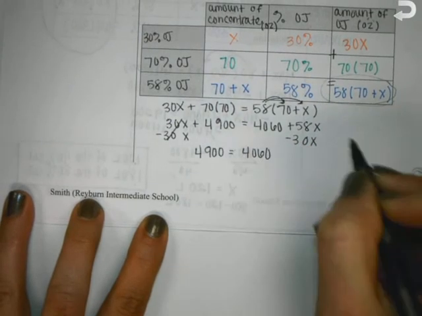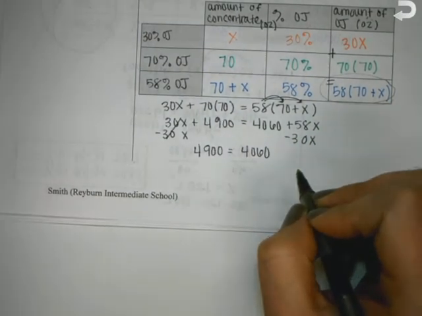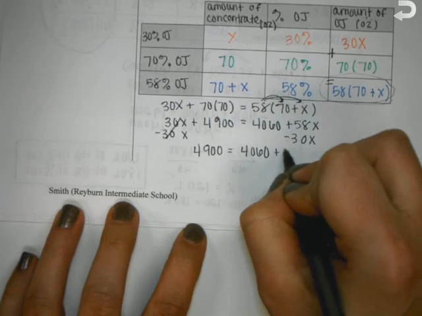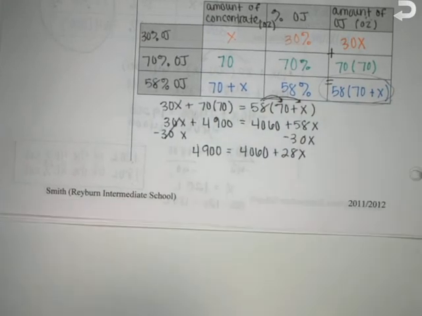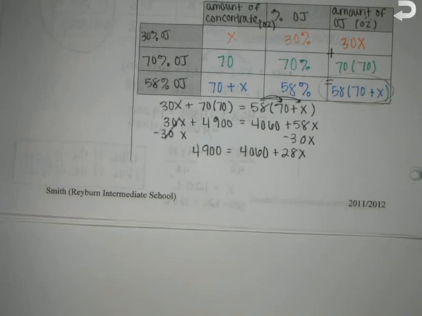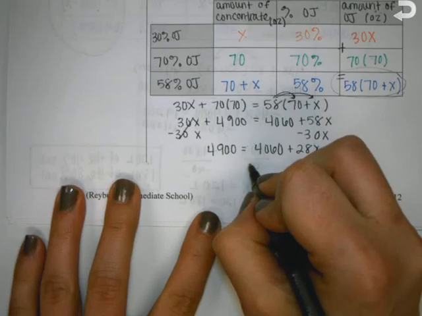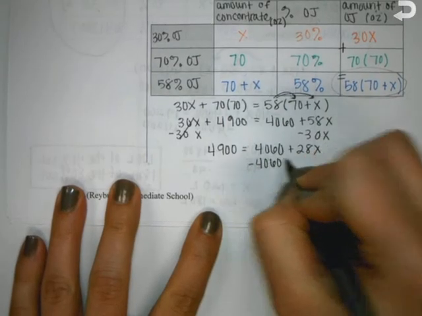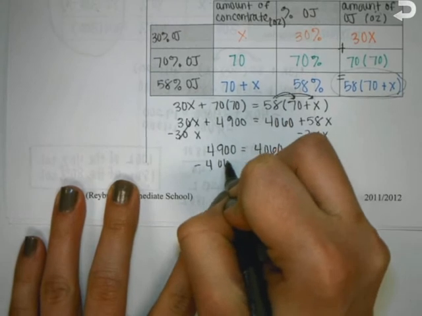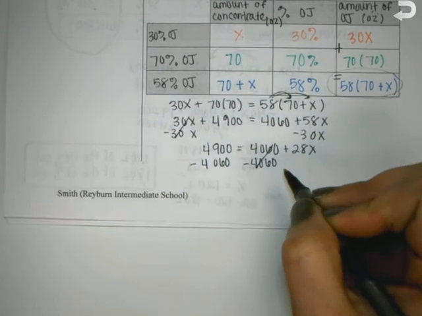And then what do I do? Subtract 4,060. So that is going to give me 840 equals 28x.